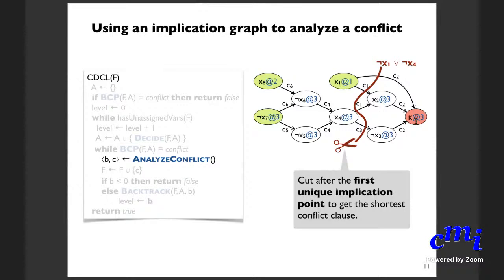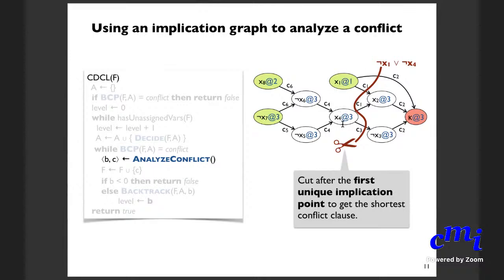So suppose you add this clause and backtrack to one of either level 1, 3, or 2. Suppose you backtrack to x1, which is what we did in the non-chronological backtracking. As soon as you backtrack there, because this has a unique implication point, it becomes unit.